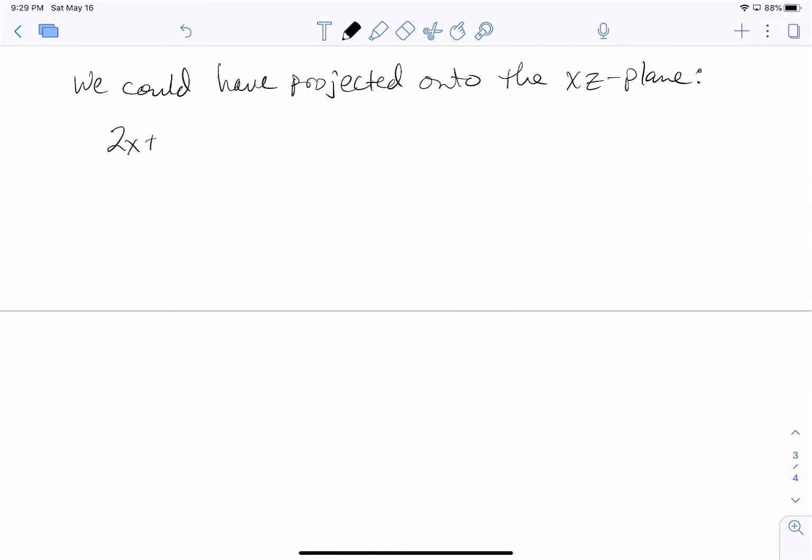Starting with 2x + 2y + z = 4, we could have solved for y. y is equal to 2 - x - 1/2 z. Now, I'm not saying that this is a better way to go. I'm just saying we had alternatives. I probably went for z because it had a coefficient of 1. But we can deal with this in terms of x and z. y is a function of x and z.